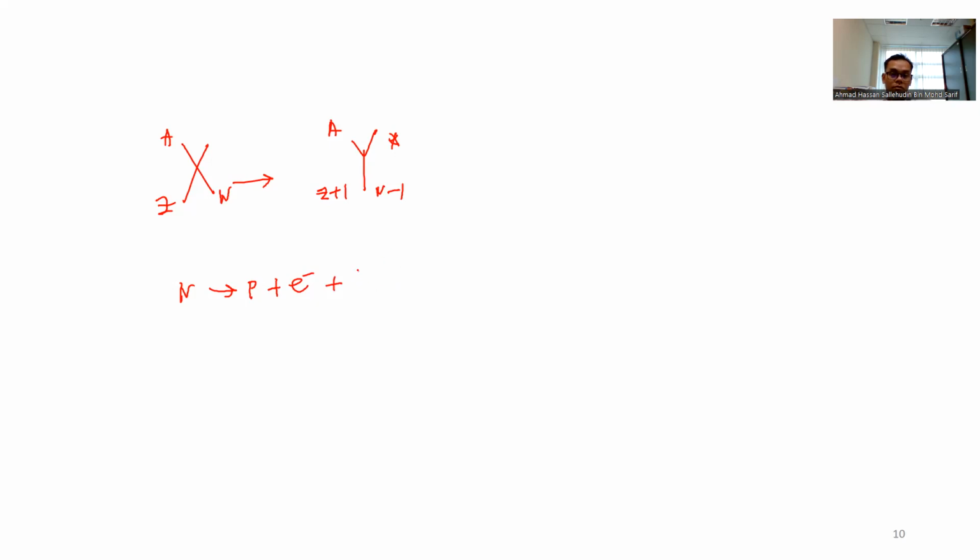So the symbol used is nu with subscript e and a negative sign at the top of the letter. And so neutron is not just becoming proton, but it is also producing electron as well as antineutrino.